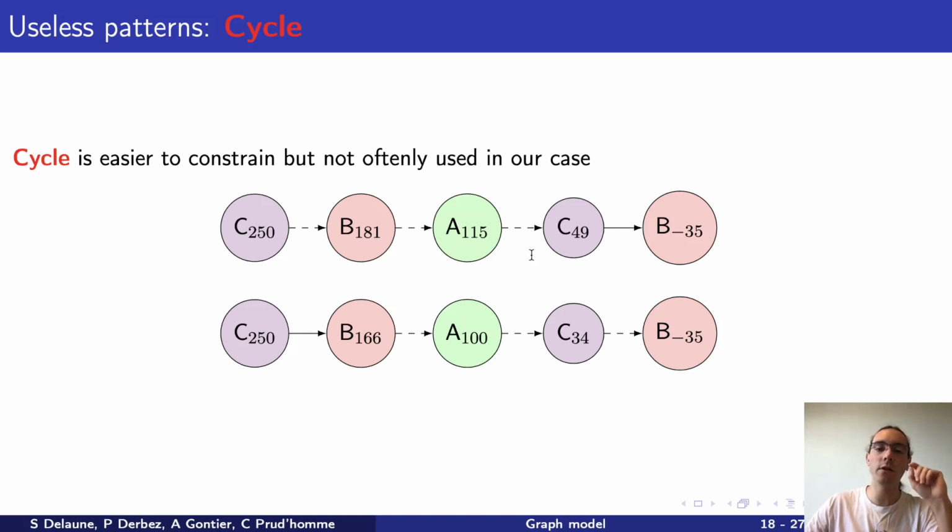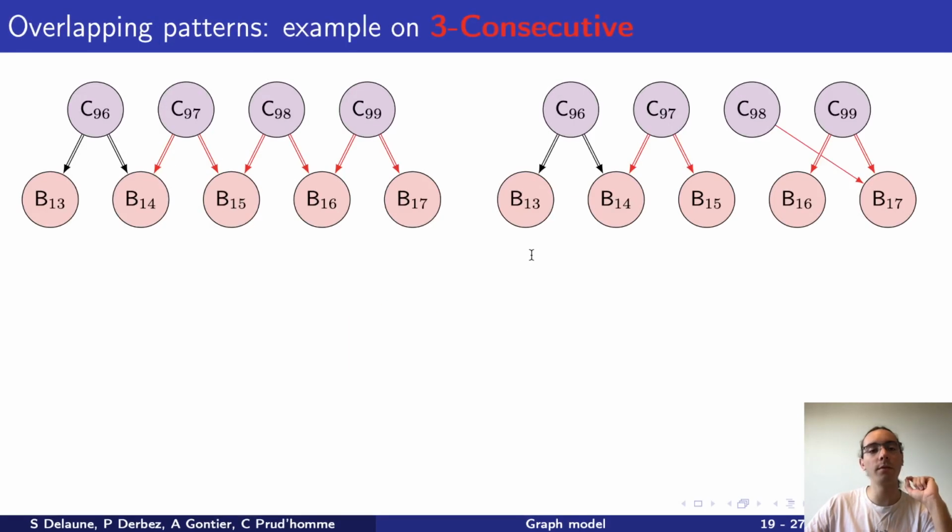But there is another problem, and this problem is the overlapping of patterns. For example, for the 3 consecutive bit pattern, if I take into consideration 4 consecutive bits, then I will apply my constraint on 3 consecutive bits with the 3 right nodes here, as the red edges in my example.